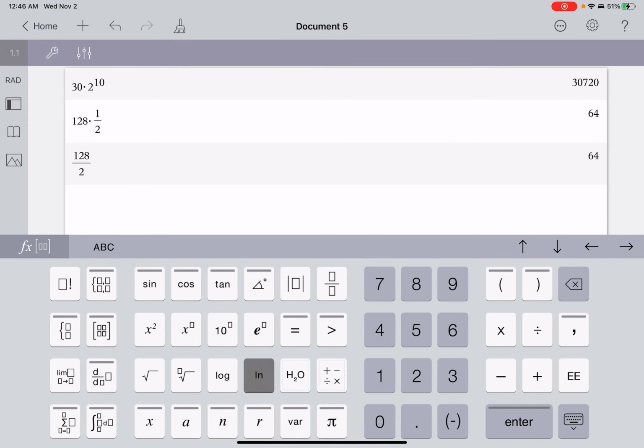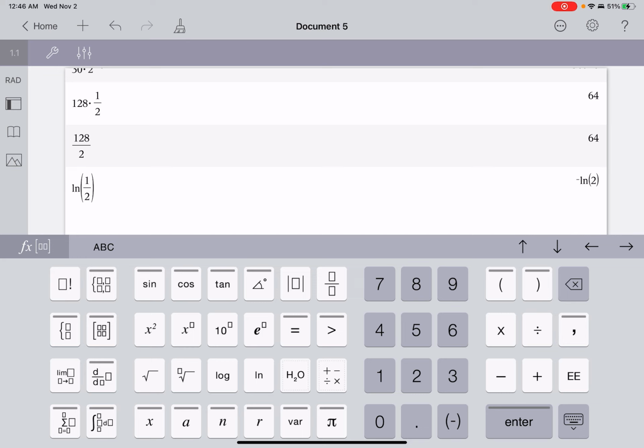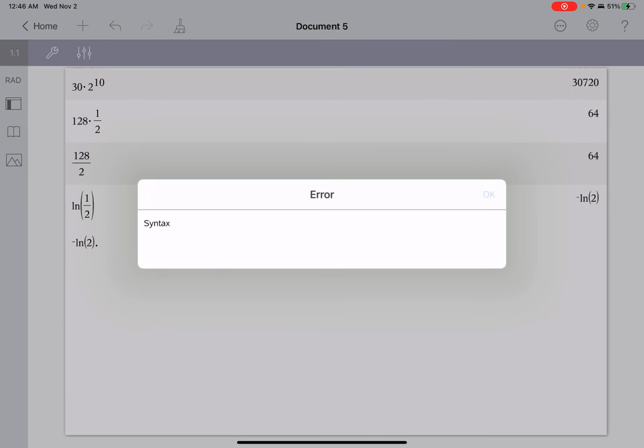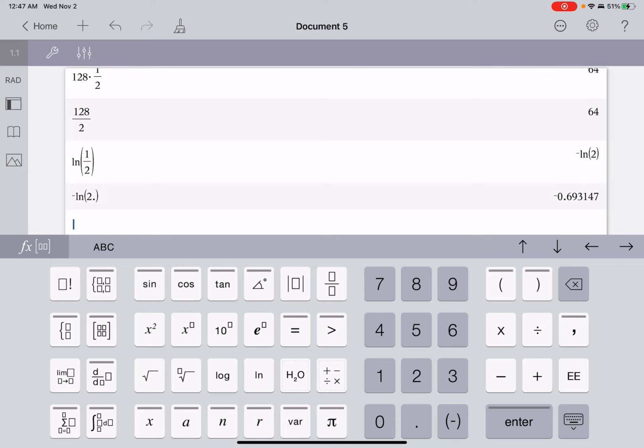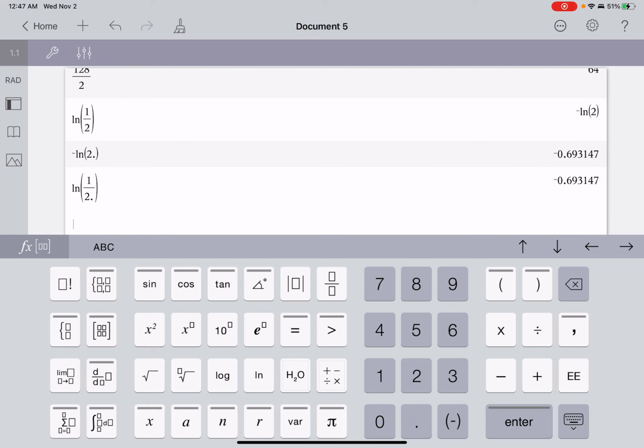So let's say we have the natural log of 1/2. Okay, just kidding. Sorry, I have to convert it to a decimal. So the natural log of 1/2, oh yeah, it's the same thing.